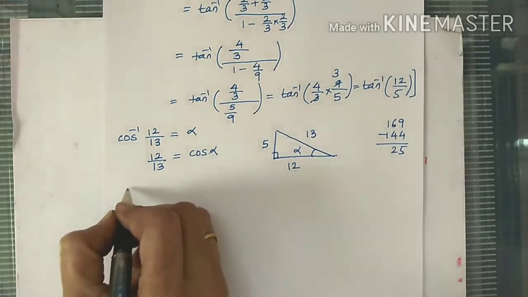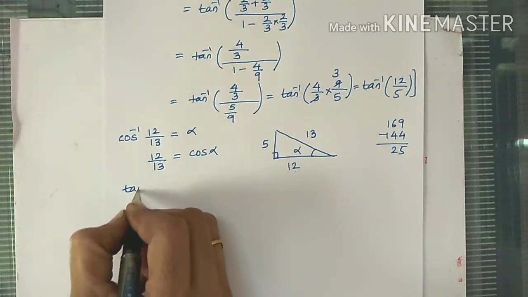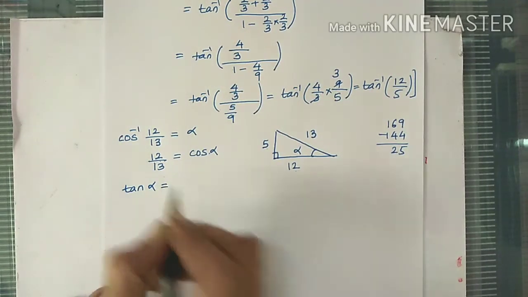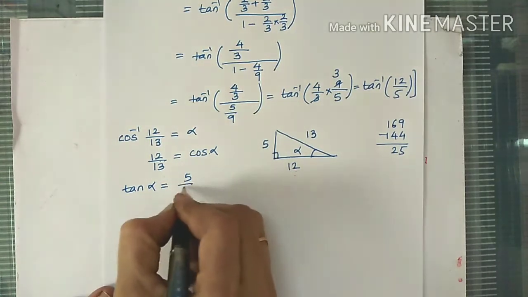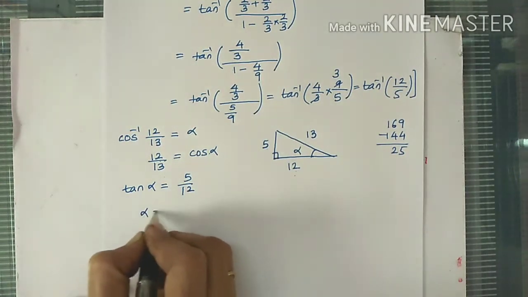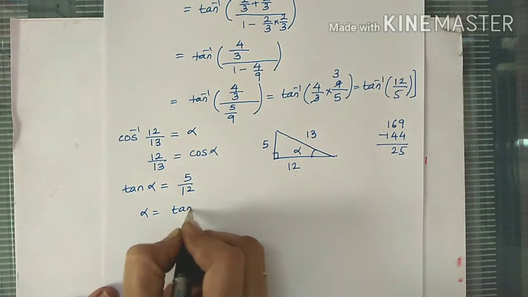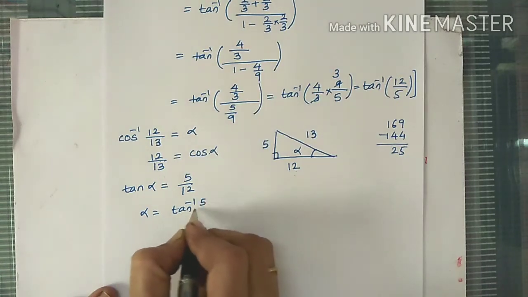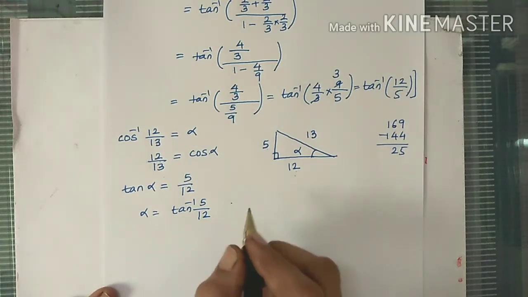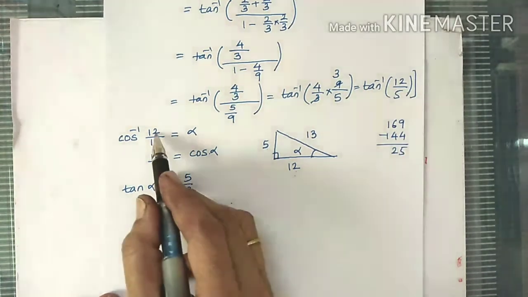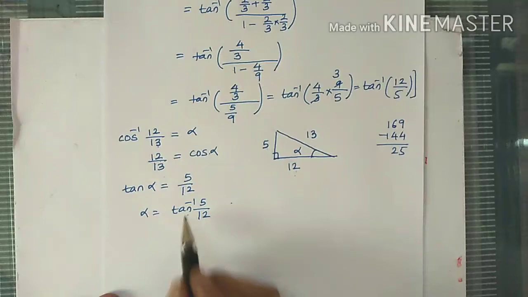We want a tan inverse, so let's write tan alpha, which is 5 by 12. So our alpha becomes tan inverse of 5 by 12. Okay, so we have converted cos inverse of 12 by 13 into tan inverse.